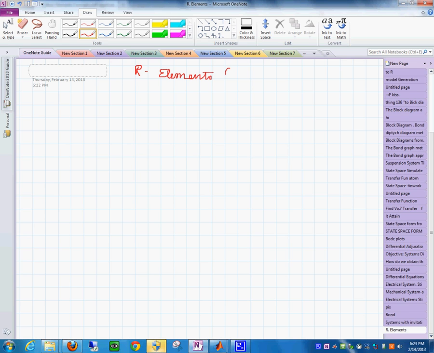Okay, what is the main job of this element? It is to dissipate energy. Dissipates energy.